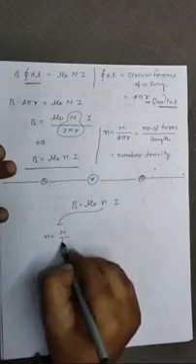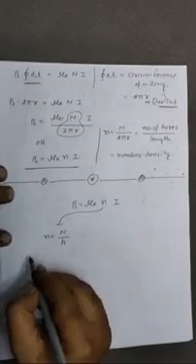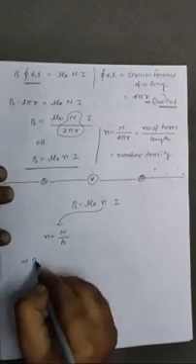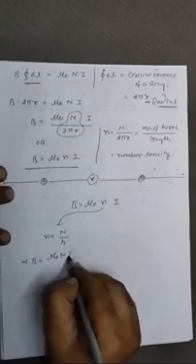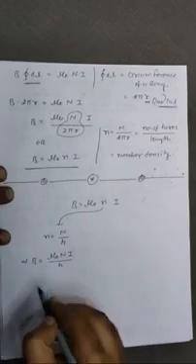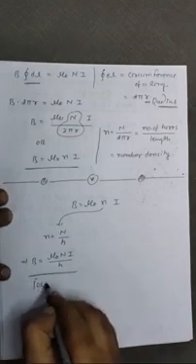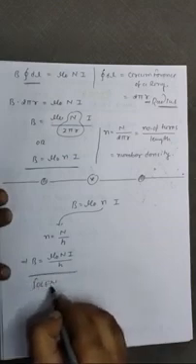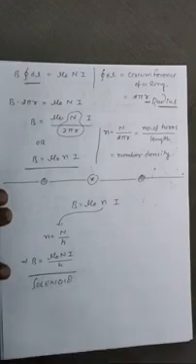per unit length, that is h. So our equation becomes B is equal to mu 0 capital N I upon h, and this is the equation for a solenoid. Got it?